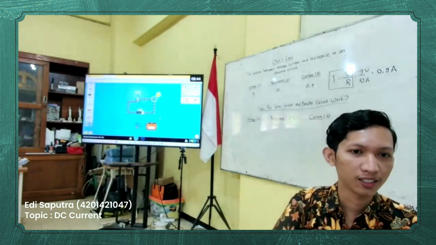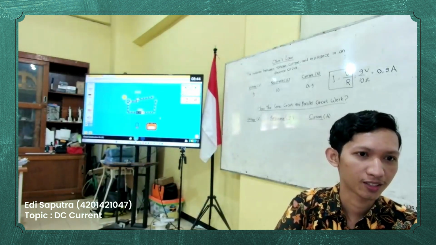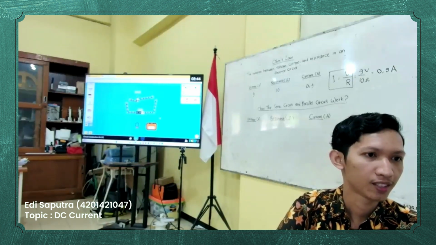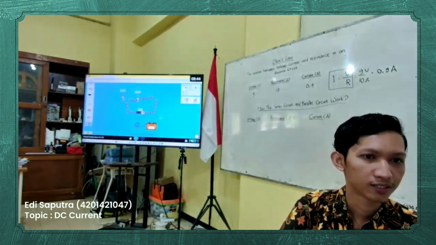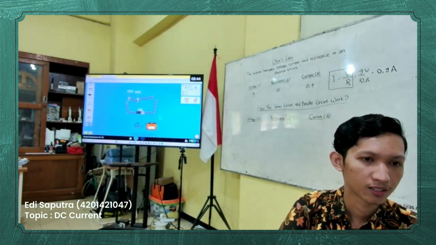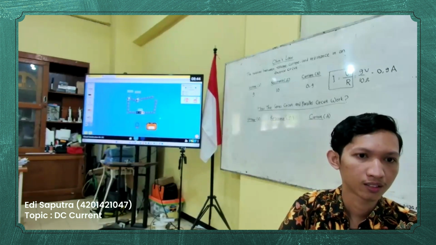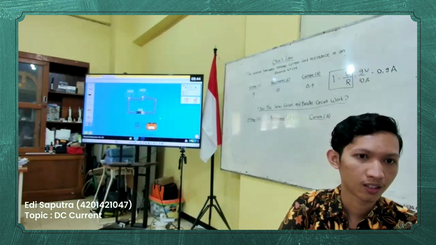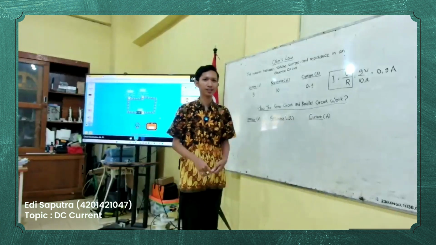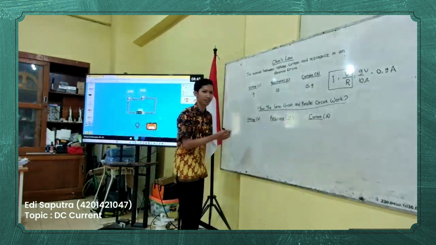Okay, we cut this wire. We put another light bulb in here. Okay, this is a simple series circuit. The voltage is 9 volts.